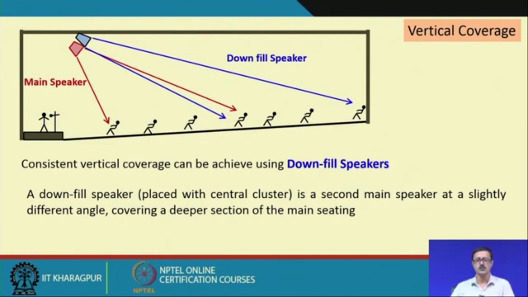So maybe one or two such downfill speakers are required to cover the entire zone from the point of view of the clustered or central distribution system.